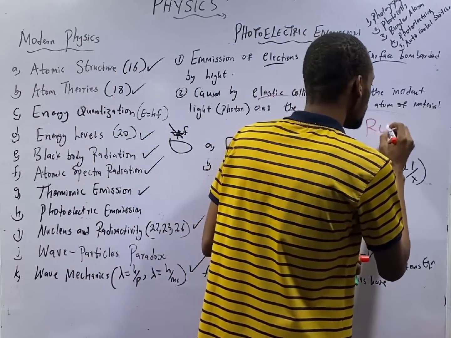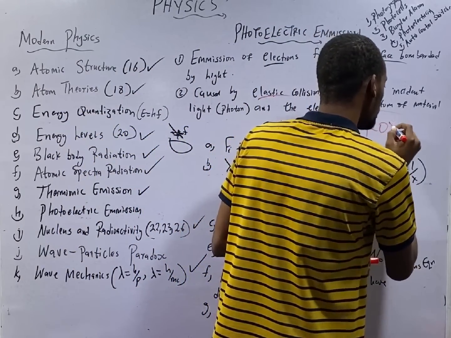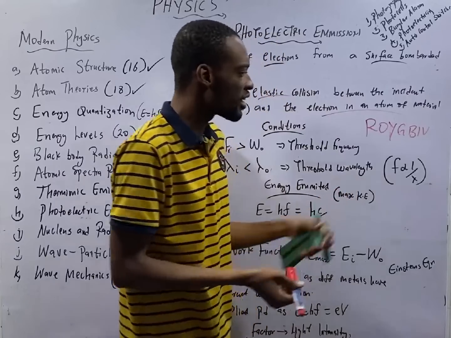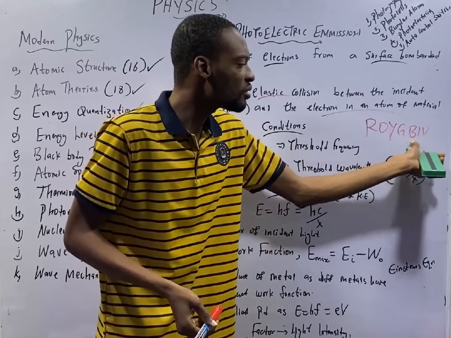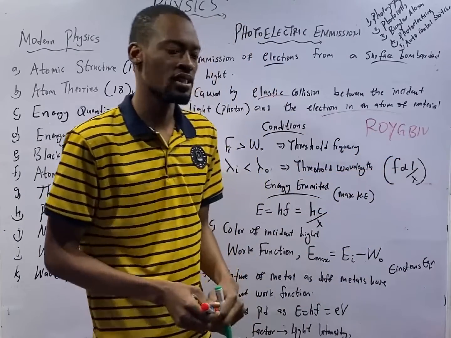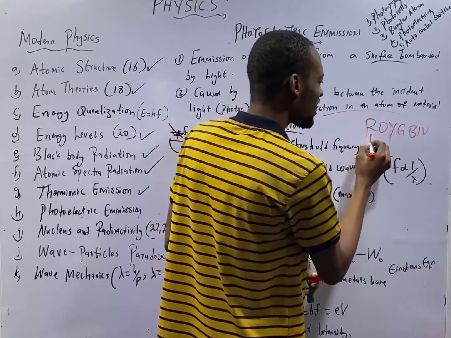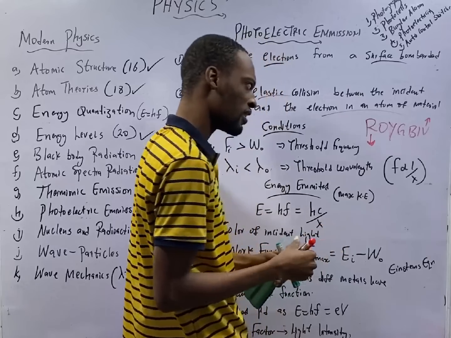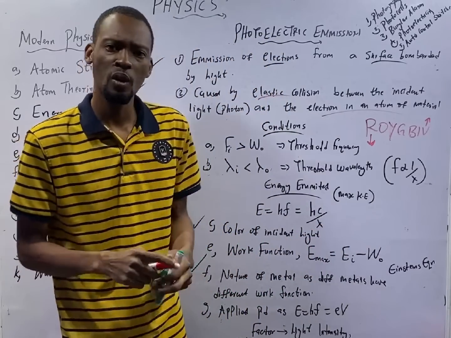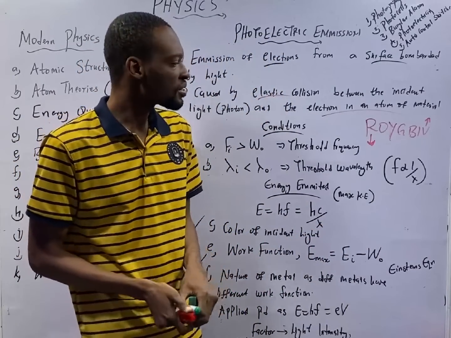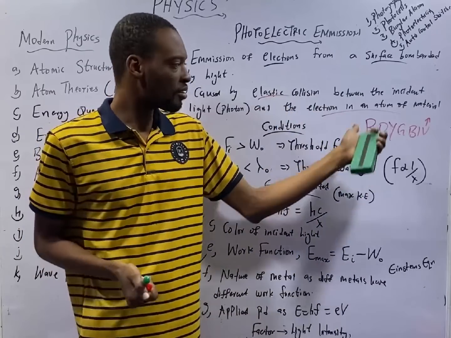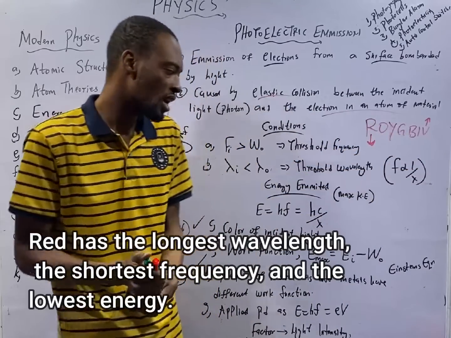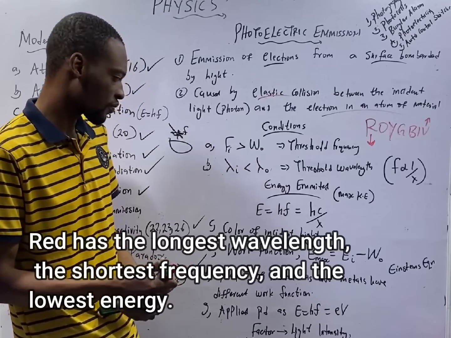This is the order, ROYGBIV: red, orange, yellow, green, blue, indigo, and violet. Red has the highest wavelength, while violet has the smallest wavelength. So, in the order of wavelength, it is ROYGBIV for light: red, orange, yellow, green, blue, indigo, and violet.